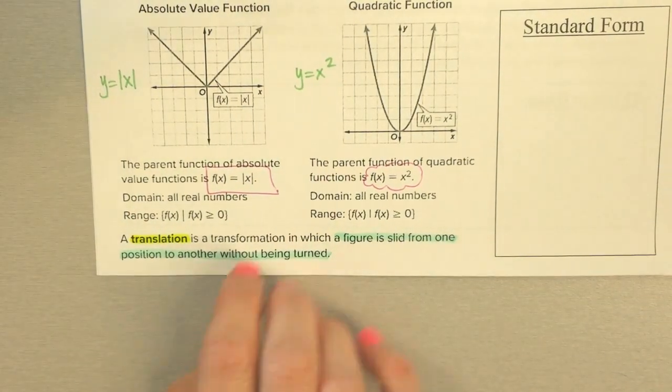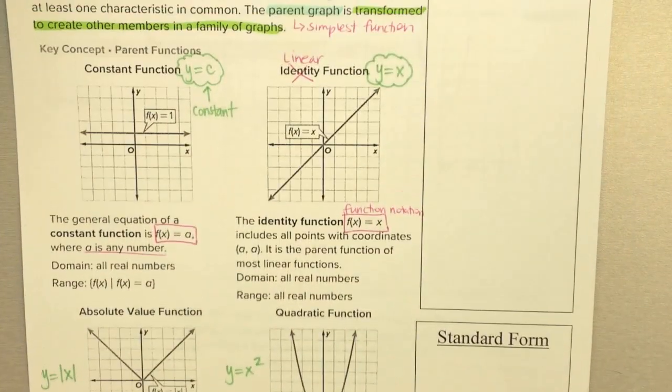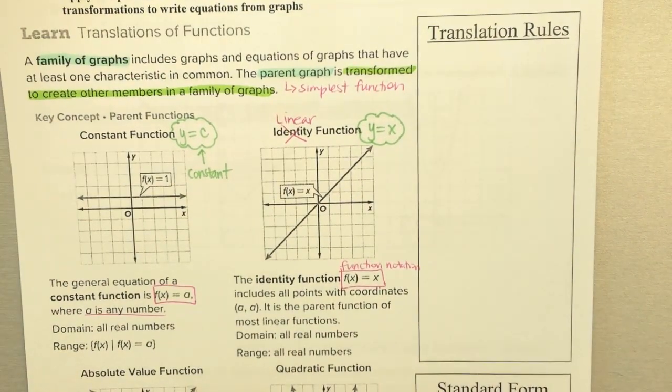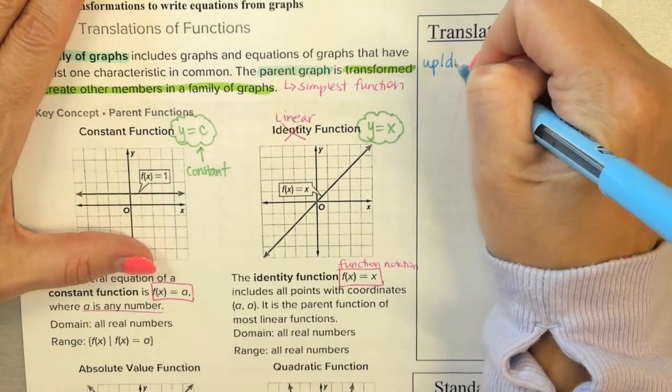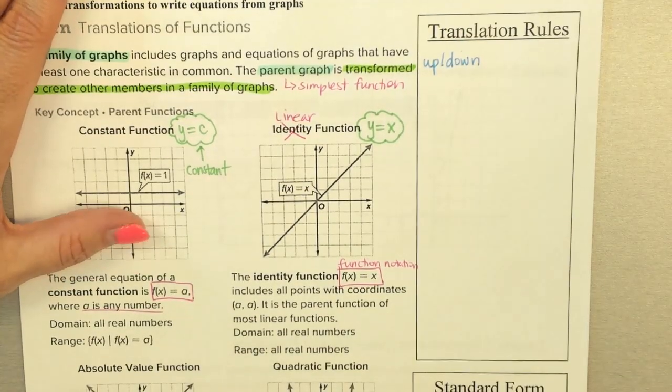Okay, and we're going to write them in the translation rules over here. So we're going to start to use some formulas. If you looked at math textbooks, you can see that sometimes they have all these formulas in different boxes, and sometimes they can be a little confusing. So we're going to make sure we understand what those mean.